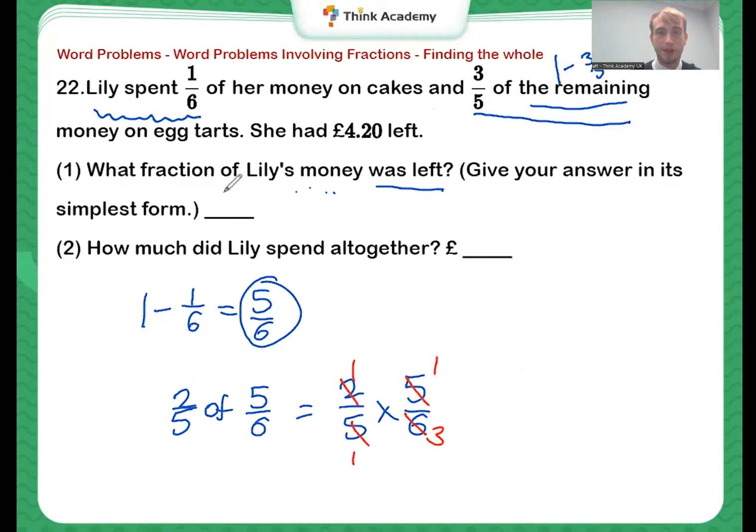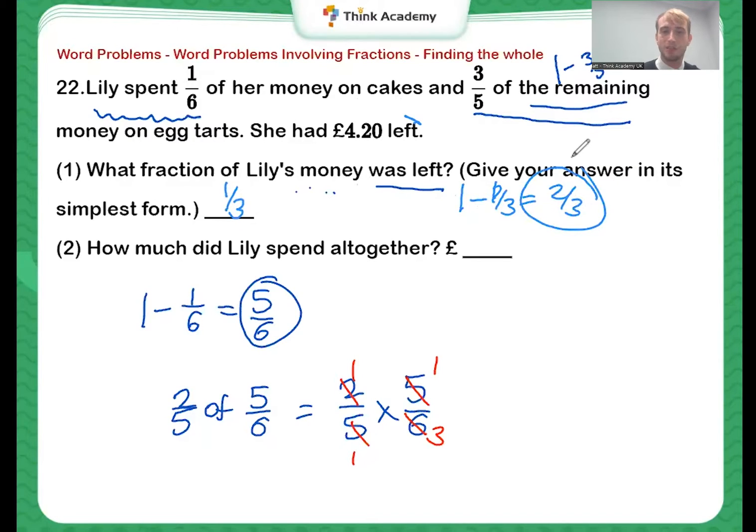It should be 1/3. How much did Lily spend altogether? Now, the easiest way to do this one is to think, if Lily has 1/3 left, then she's spent the rest, 1 minus 1/3, which is equal to 2/3. Well, 2/3 of what?